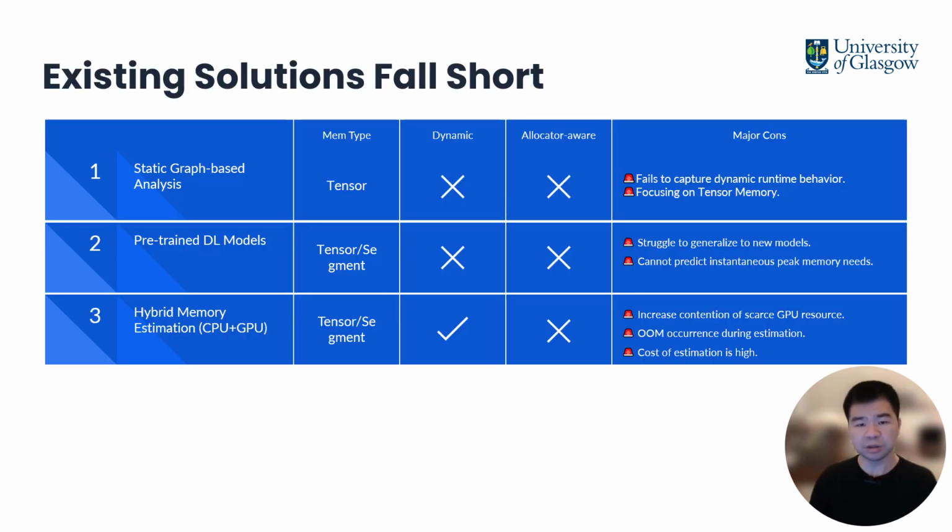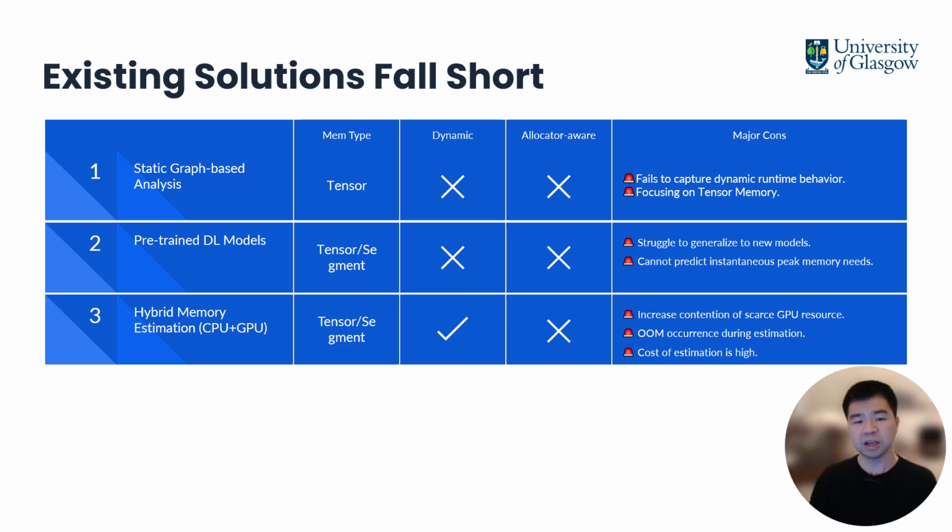Facing all the above problems, existing solutions fall short. The first one, static graph-based analysis. This method only looks at model structure. It completely fails to capture the dynamic runtime behavior we just saw. The second one, pre-trained deep learning models. They try to learn memory patterns, but they struggle to generalize to new models and can't predict instantaneous memory activity.